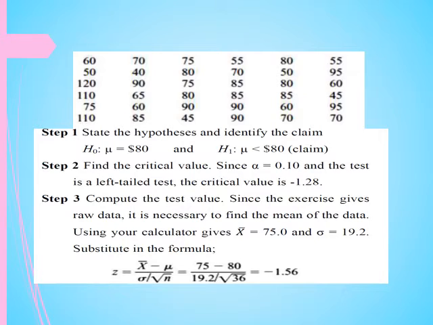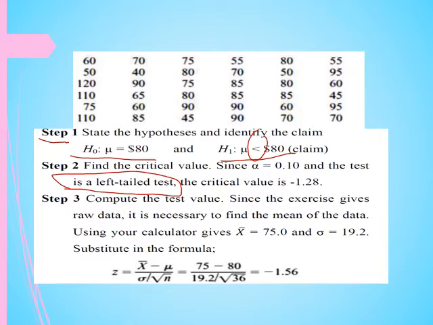In step 1 we state the hypotheses. The null hypothesis is that the mean is exactly $80, and our claim is that the athletic shoes cost less than $80, translated from the problem situation into symbols. So we have a left-tailed, one-tailed test.